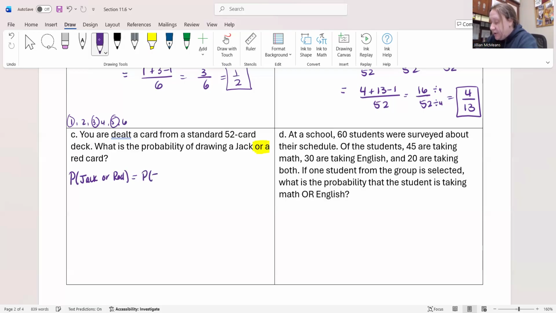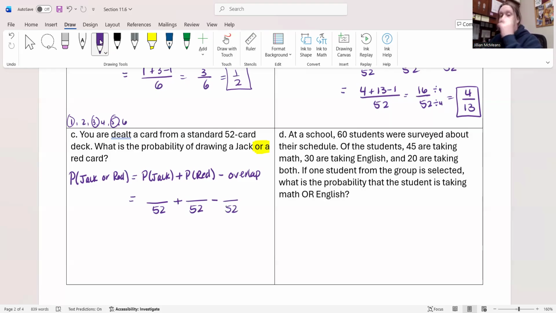So we want the probability of a jack plus the probability that we have a red card, but we have to subtract off the overlap. There are cards that are red and jacks. Again, we're dealing with a deck of cards, so we're going to have something out of 52 plus something out of 52 minus something out of 52 because we're subtracting the overlap.